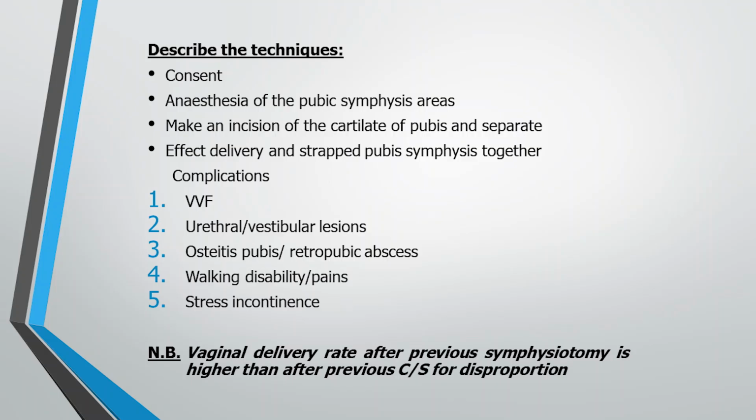Here, I have described the techniques in my introduction, and what are the complications of symphysiotomy? Because the pubic symphysis where you are making your incision is close to the bladder, the commonest complication you may encounter is a vesico-vaginal fistula or a urethral injury with vestibular lesions.